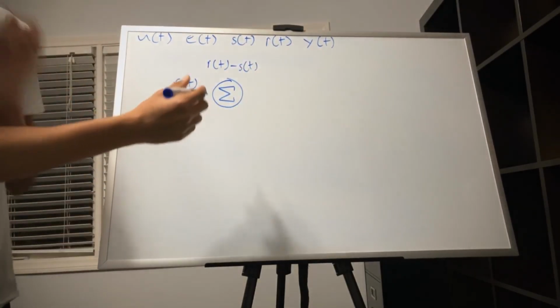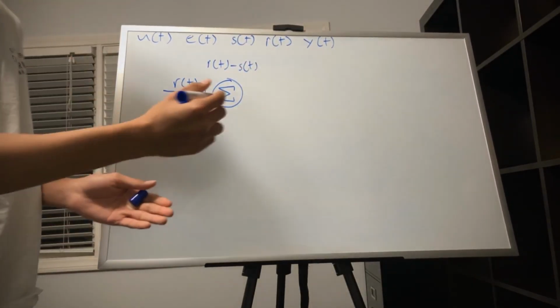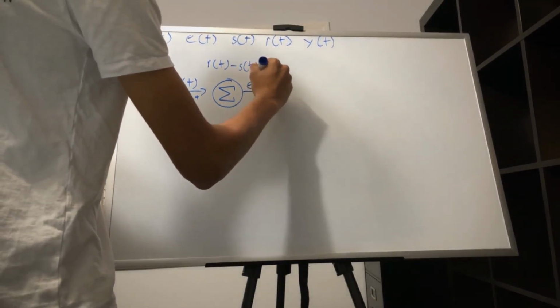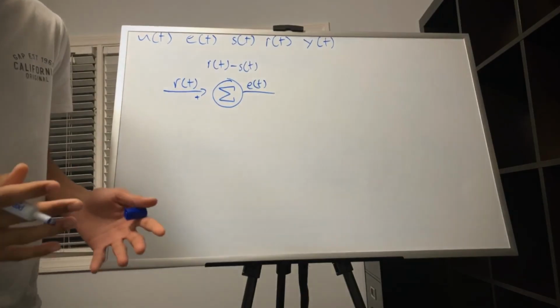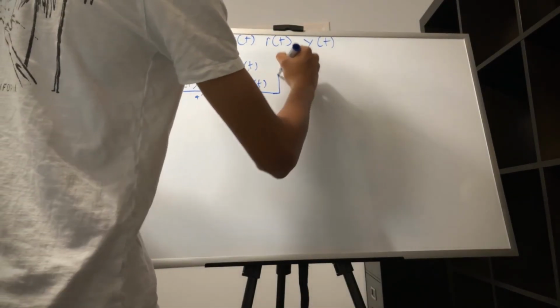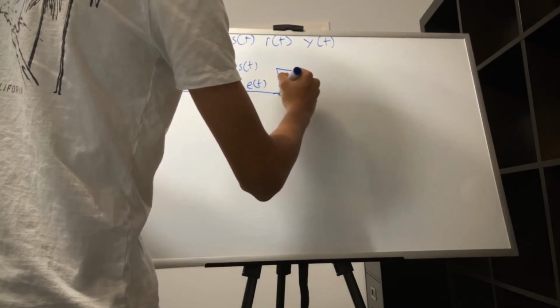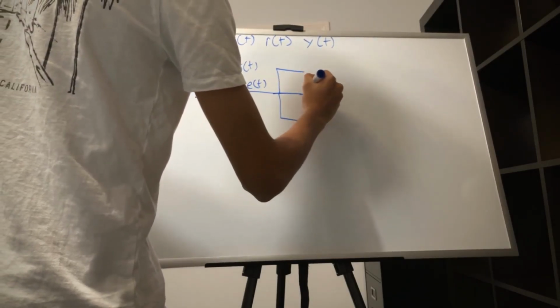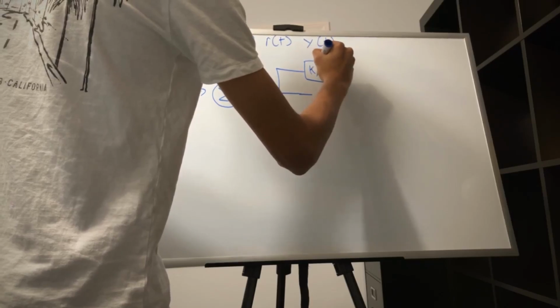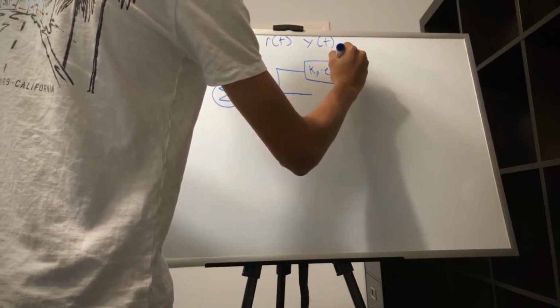And then this comparator is going to take this error, E of t, and put it into our PID controller. So this is going to split this error up into 3 parts. Up here is going to be Kp times E of t.